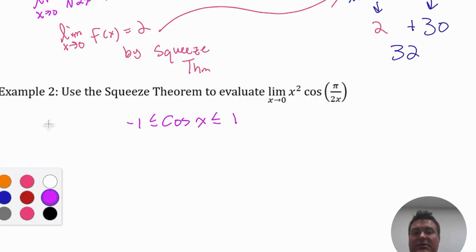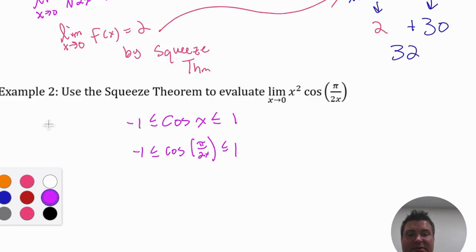Okay. So now, if I were to change the period up, or if I were to shift it horizontally, anything that's going on with the input does not affect what is going on with the range. So I can say that this is the same thing as cosine of pi over 2x. All I'm doing there is changing the frequency and period. That still means that my trig function is between -1 and 1.